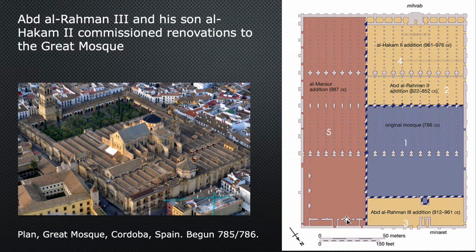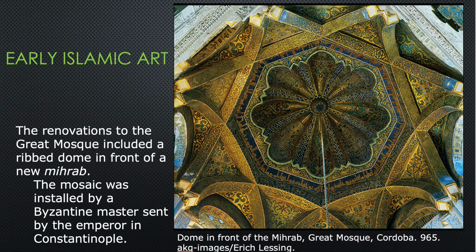But when it was enlarged greatly, the fifth enlargement over here, then the minaret sort of went off center. But there it is. And there's the mihrab and the mihrab wall. The presence of the church, I'm thinking, is somewhere right in here. Maybe. No, it's further in. Oh, right about there. Not including it in that plan.